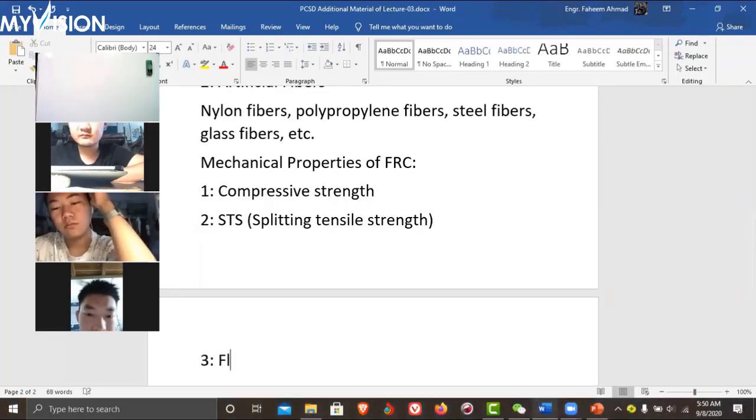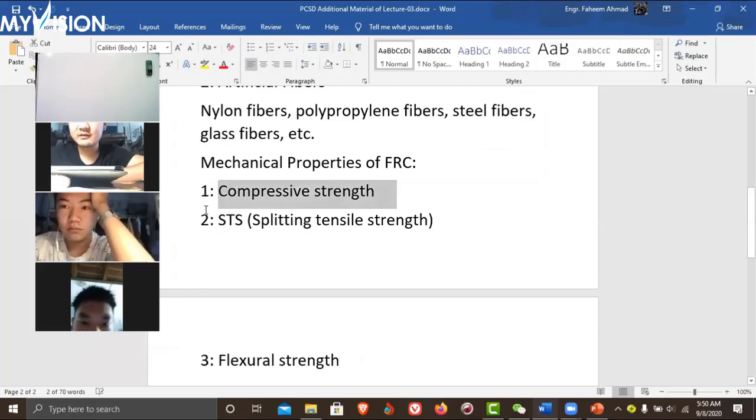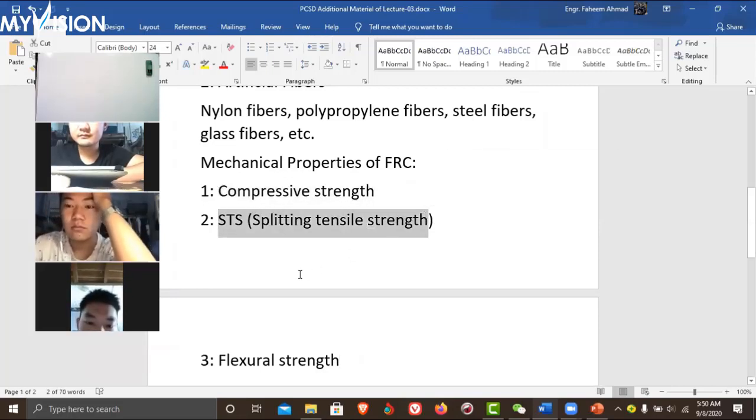And flexural strength. Okay, remember these names. We have discussed what is compressive strength, what is splitting tensile strength, what is flexural strength. All these things have been studied in our previous class.